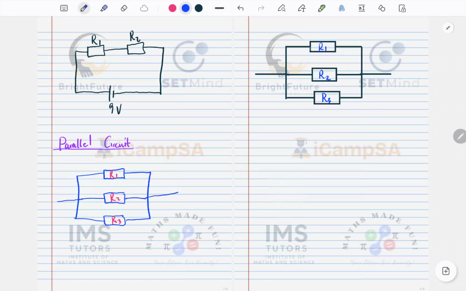So if I wanted to measure voltage across this R1 here, I would have to put something like this here. Let me put it nicely also. So I can put something like so. This is my voltmeter here.